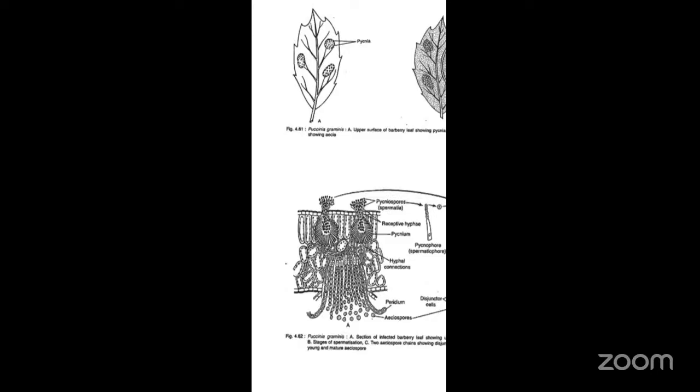Each cell produces a short promycelium, which is divided into elongated cells, and each undergoes meiosis in the promycelium. Walls are laid down and the haploid nucleus forms.